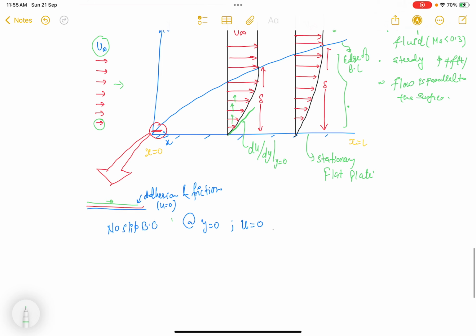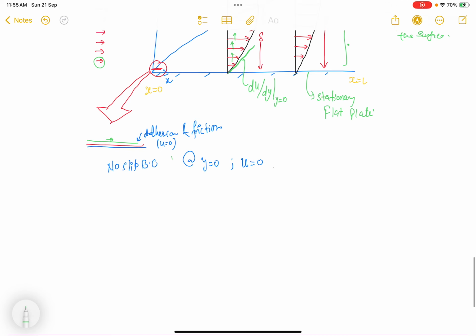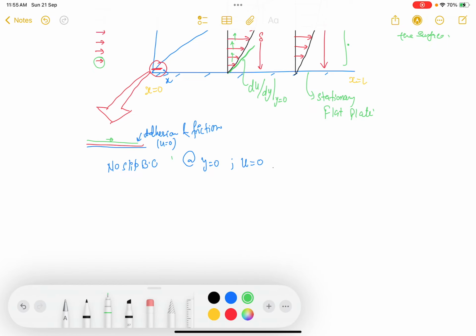Moreover, when these fluid layers are moving over the surface, they exert shear and pressure forces on the surface.